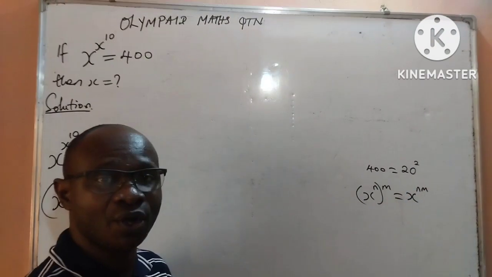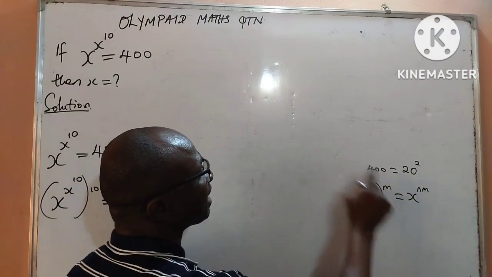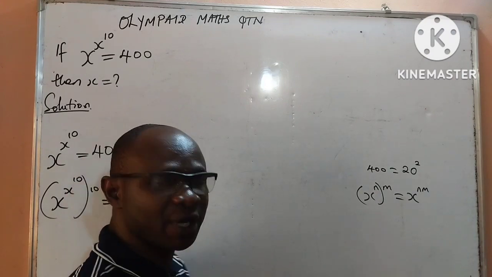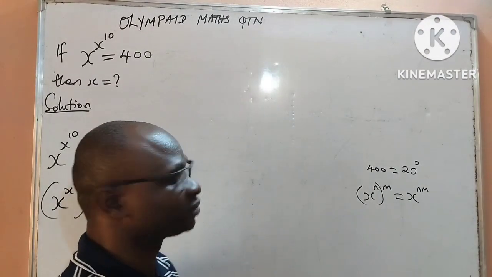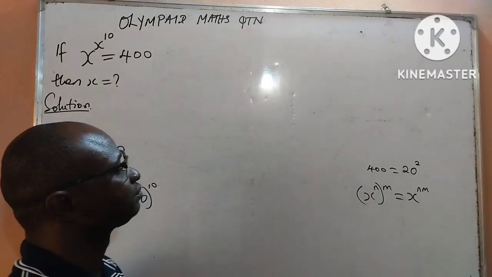What it implies is that the power inside the bracket will multiply by the power outside the bracket, and that is called the multiplication law of indices.